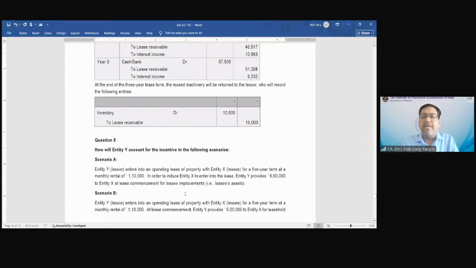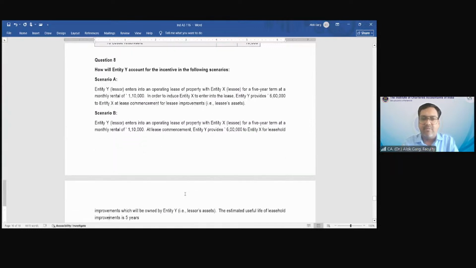How will entity Y account for the incentive in the following scenario? Entity Y entered into an operating lease of property with entity X for a 5-year term at a monthly rental of 1,10,000. So my lease term is 5 years. My monthly rental is 1,10,000.